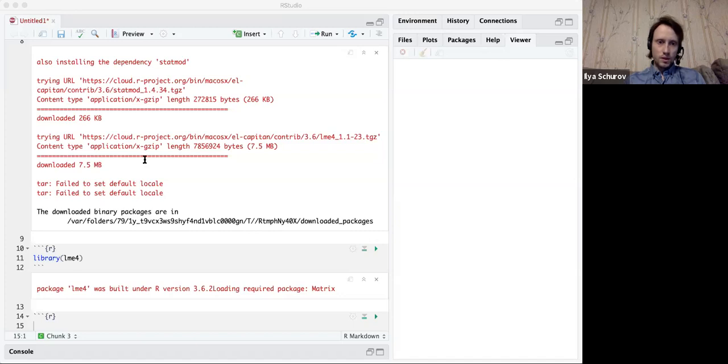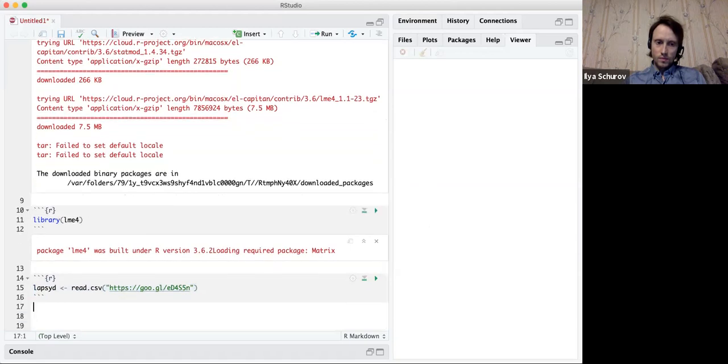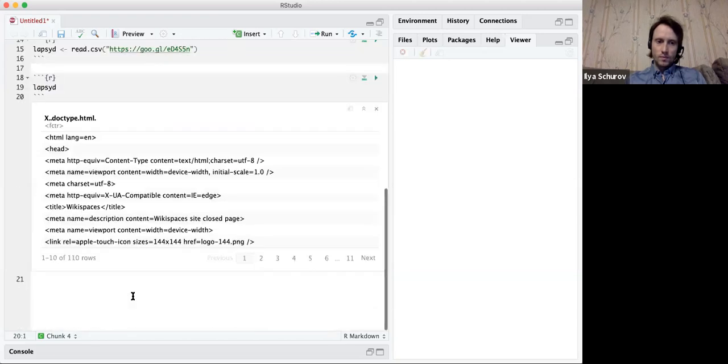Let us download some data set. Doesn't work.